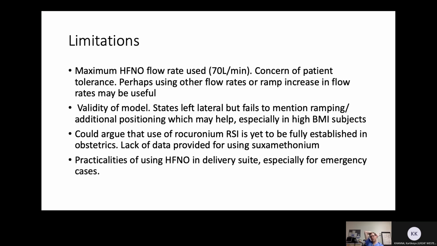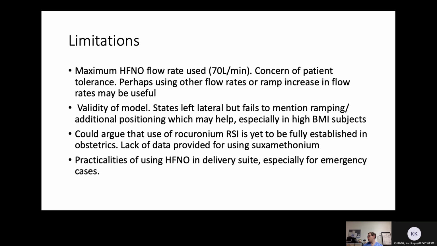I guess that's an interesting point that we can talk about, in that those of us that have done a GA section recently, did you use sux as your muscle relaxant? Because that's what I've been taught to use, and I still think I probably would use sux. But I guess if you had a really high BMI patient, you potentially might be better off using roc. And I also think it's important to remember again that in pregnancy you need to give a higher dose of sux.